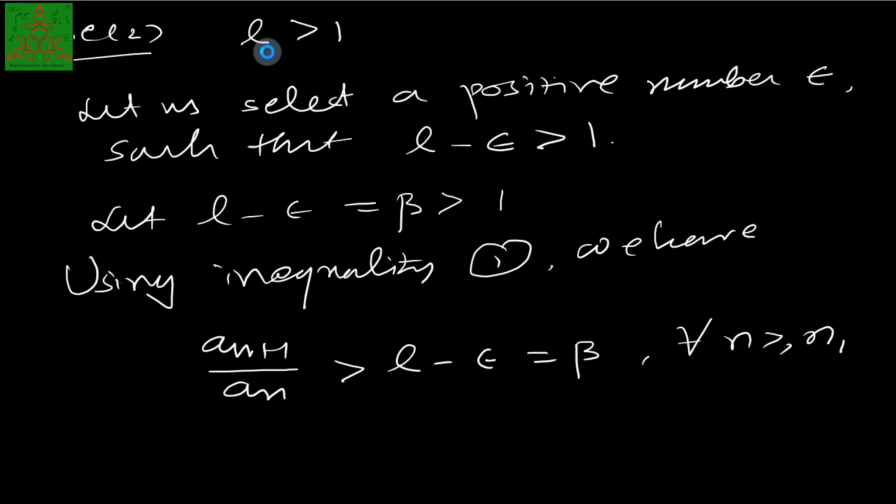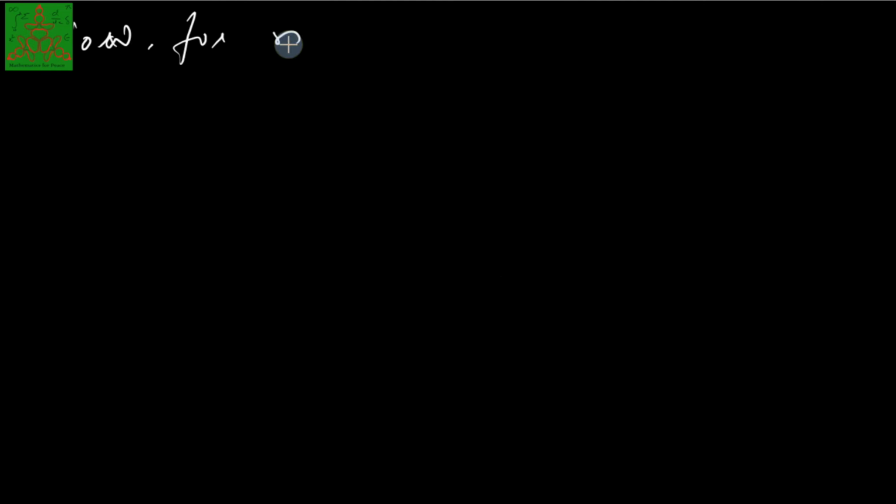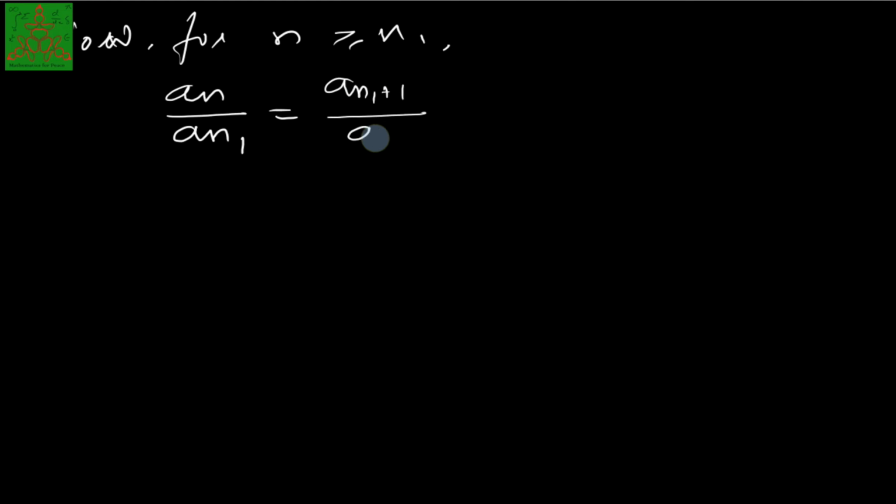Now for any n which is greater than or equal to n1, we start with a_n upon a_n1. As we did in the previous case, we will multiply and divide some terms here. That term is a_(n1+1) upon a_n1. Since I have multiplied this one, I need to divide that.